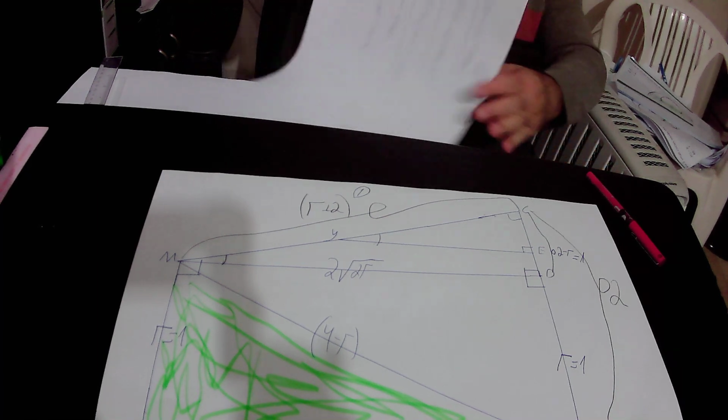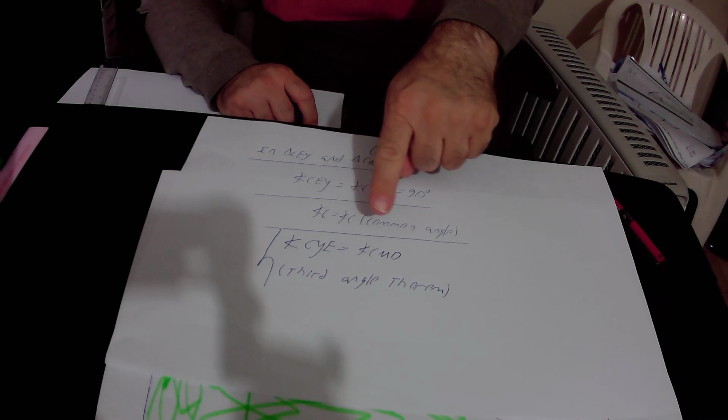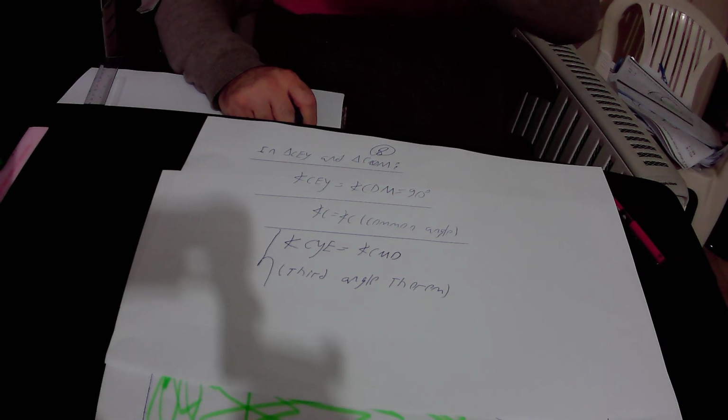I will repeat again. Angle CYE equals angle CMD. They are equal to each other according to the third angle theorem.